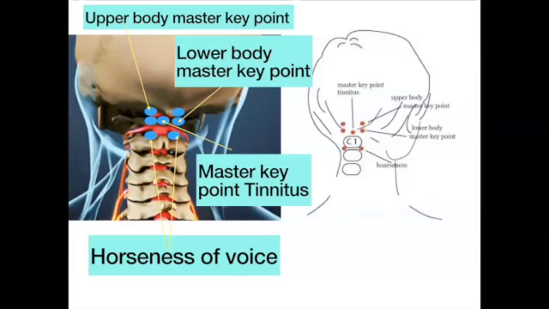So in that way, we can see in this image, this is the cervical one, which is the depression. On both sides, this is the master point, and the upper one also is a master point. The upper one is the master point of the upper body, and the lower is the master point of the lower body. In the center, we have the master point of tinnitus.